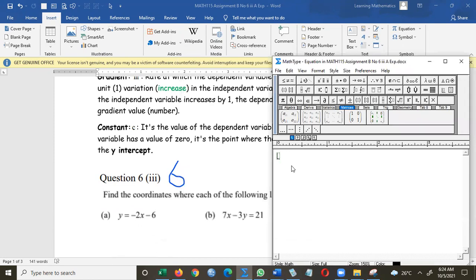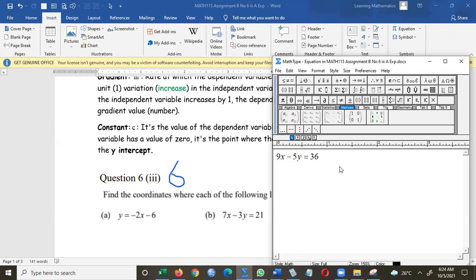So here we have 9x minus, let's say, 5y is equal to, let us see, 36, for example.